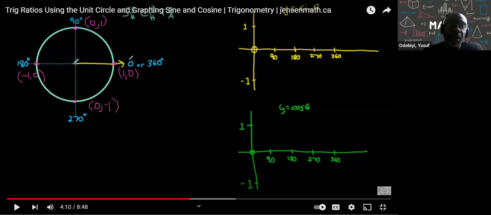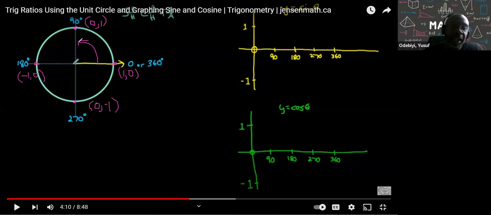Now if I rotate around, this is a circle, so I can go around 360. If I rotate to this angle here, that point I have, my y value is going to equal 1.